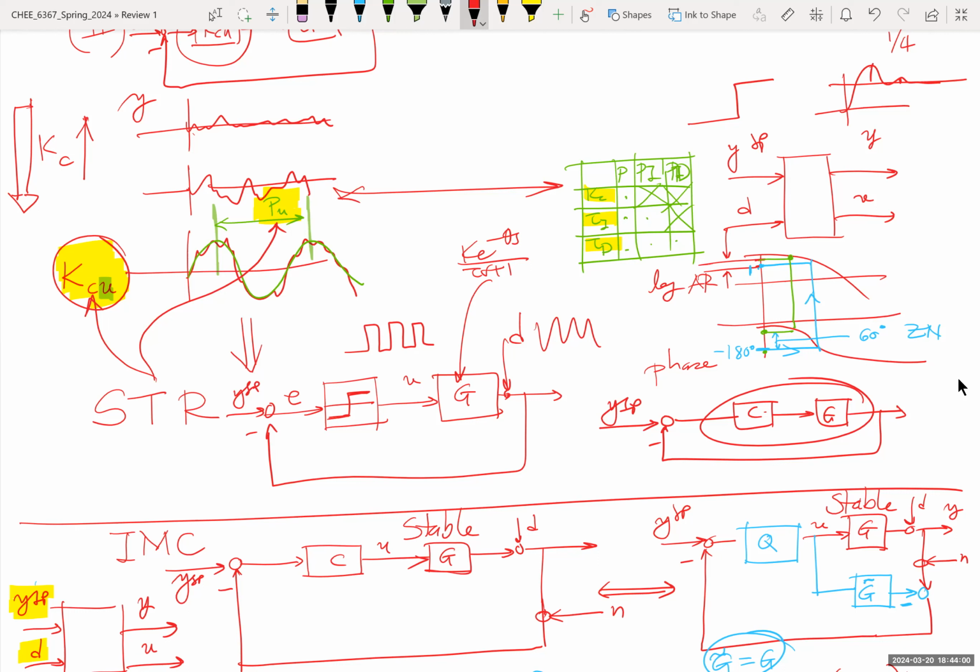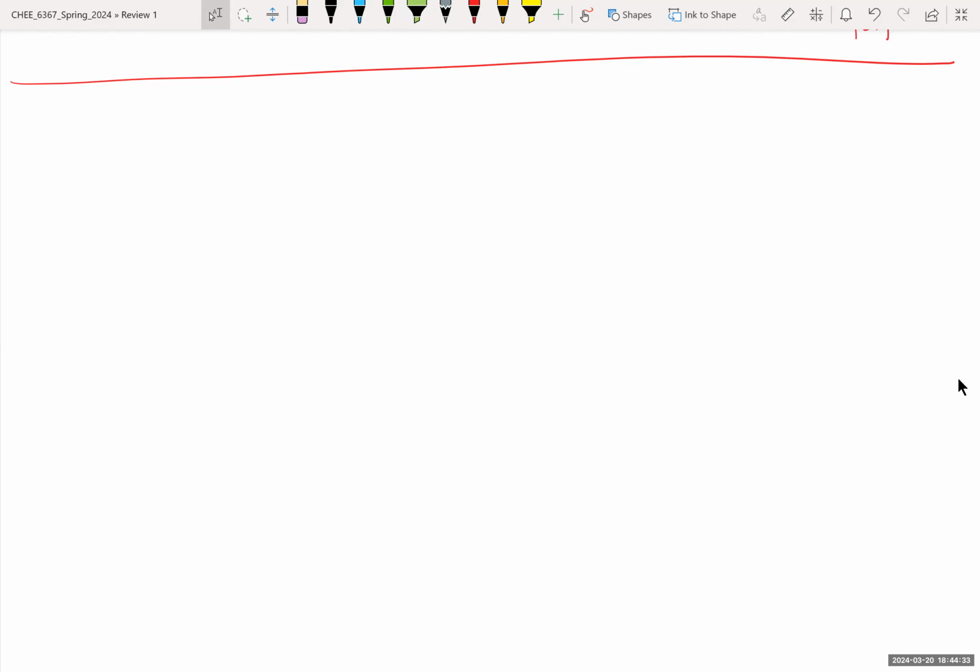Feedback tolerates uncertainty to some degree, not any uncertainty, either in the model or in the disturbances. So these are basic capabilities. The basic reason why feedback works is that it's robust. It can tolerate uncertainties in the model and in the disturbance. Doesn't need to know them.